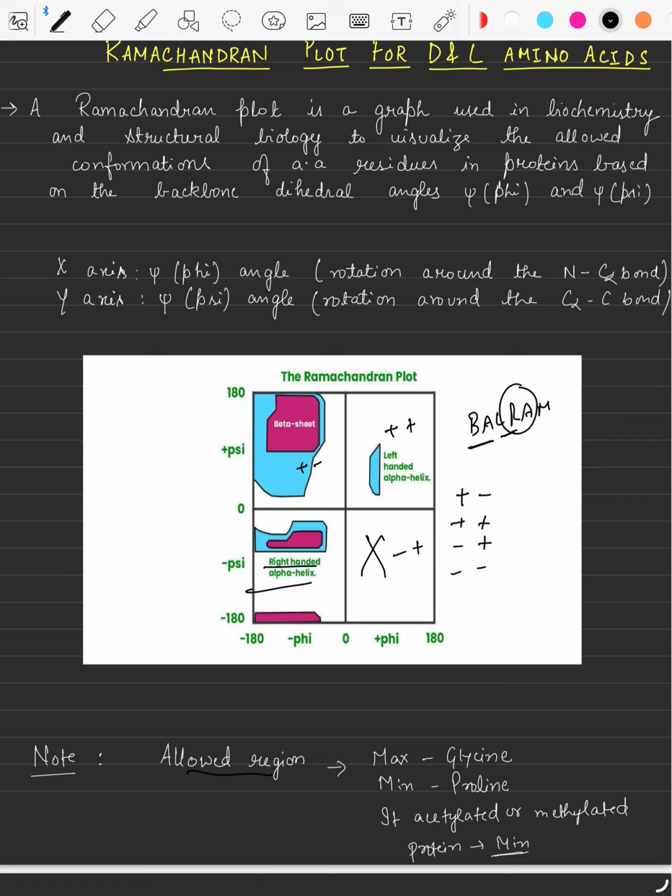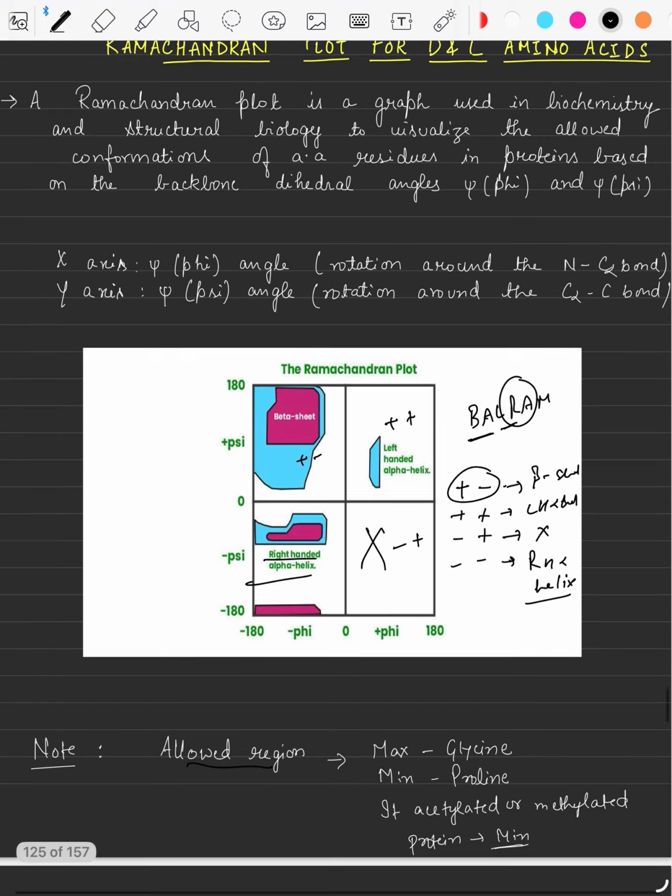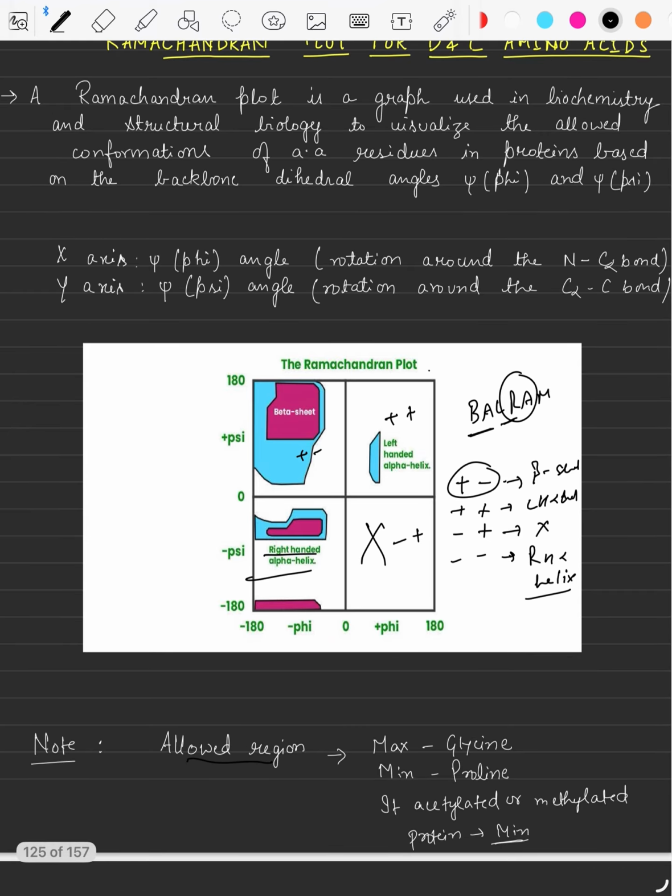So this plus minus is for the beta sheet. Then this plus plus is for the left-handed alpha helix. Then this minus plus, no conformation is allowed. Then this is for the right-handed alpha helix. And as I told, this is for the L chiral.